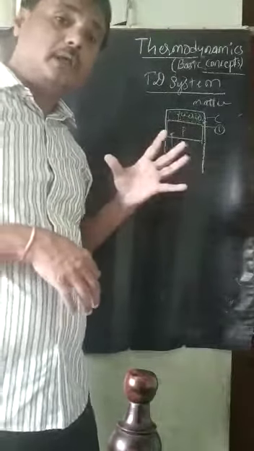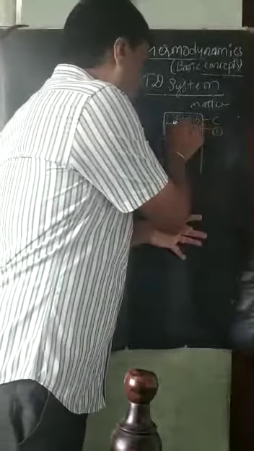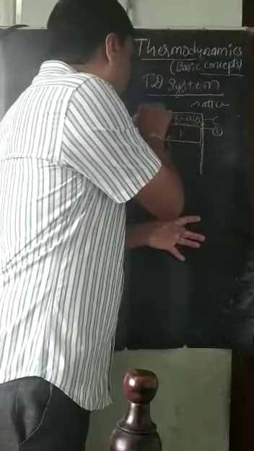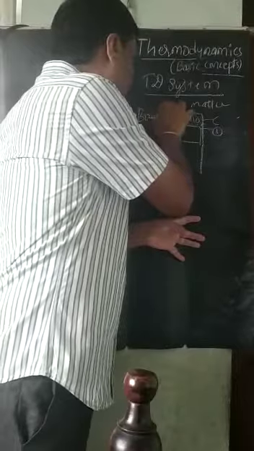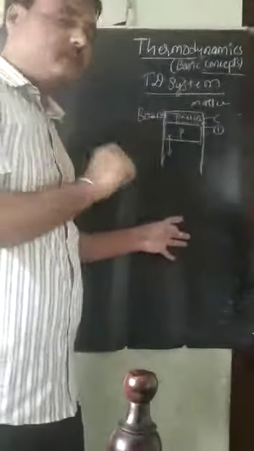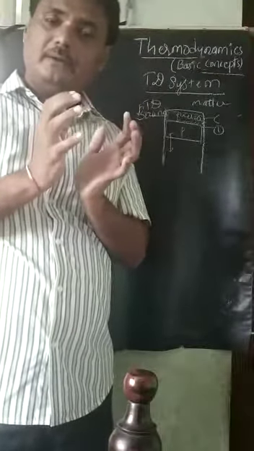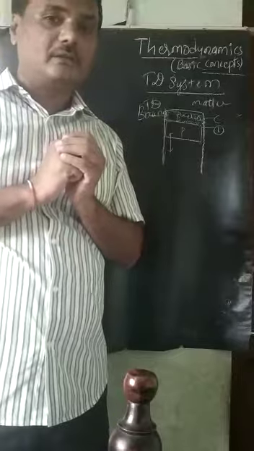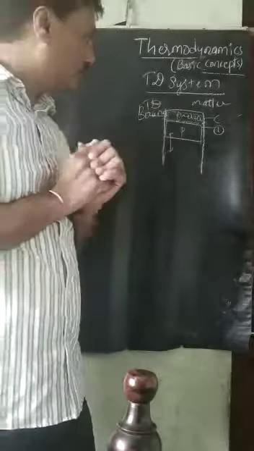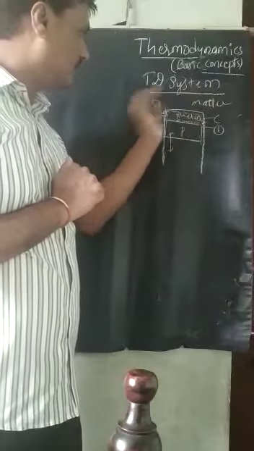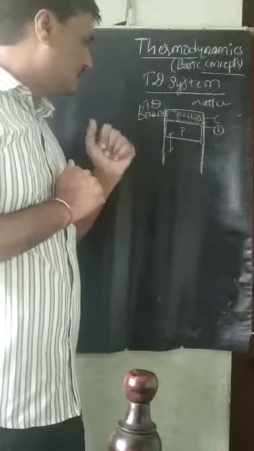So for this matter I will make a dotted line. That dotted line is called the boundary, the thermodynamic boundary. It covers the system or matter on which we are interested to study. So we have studied the thermodynamic system and the thermodynamic boundary.